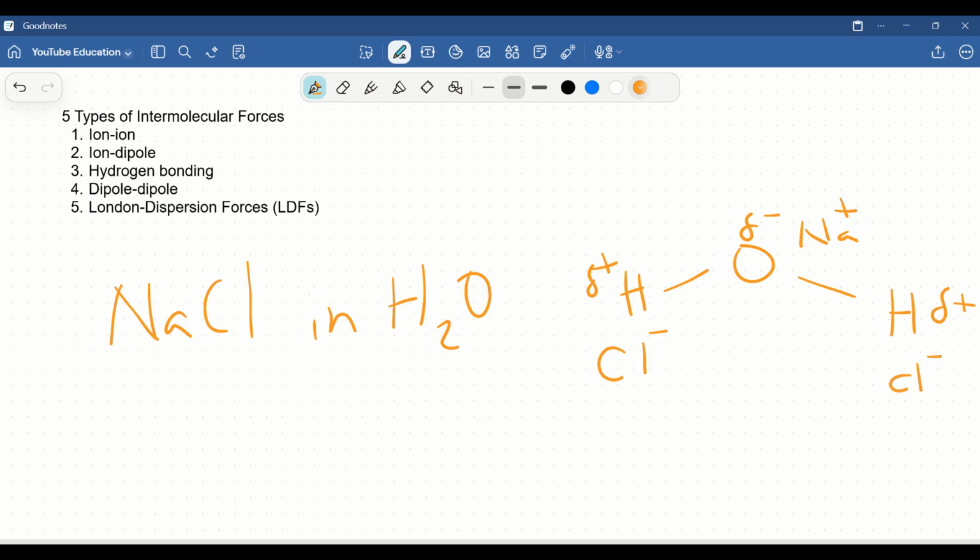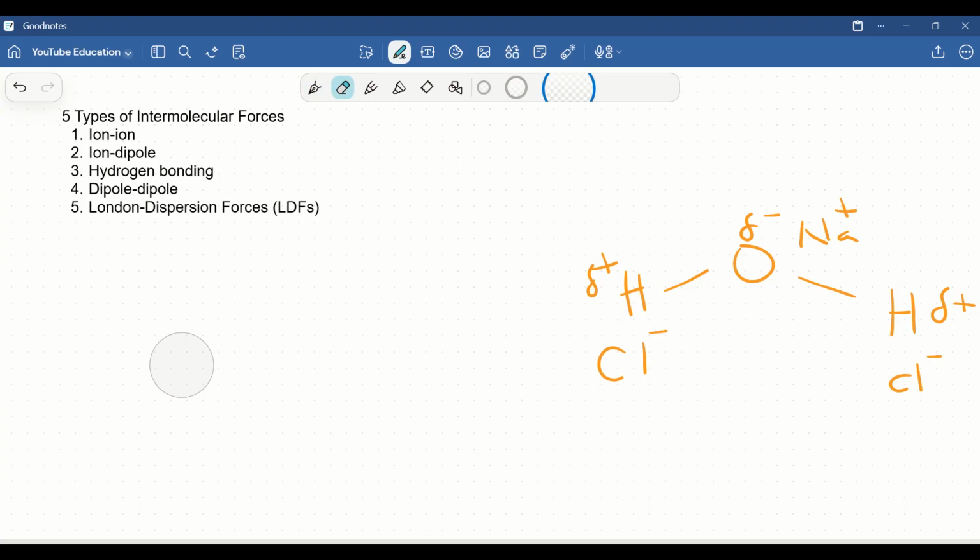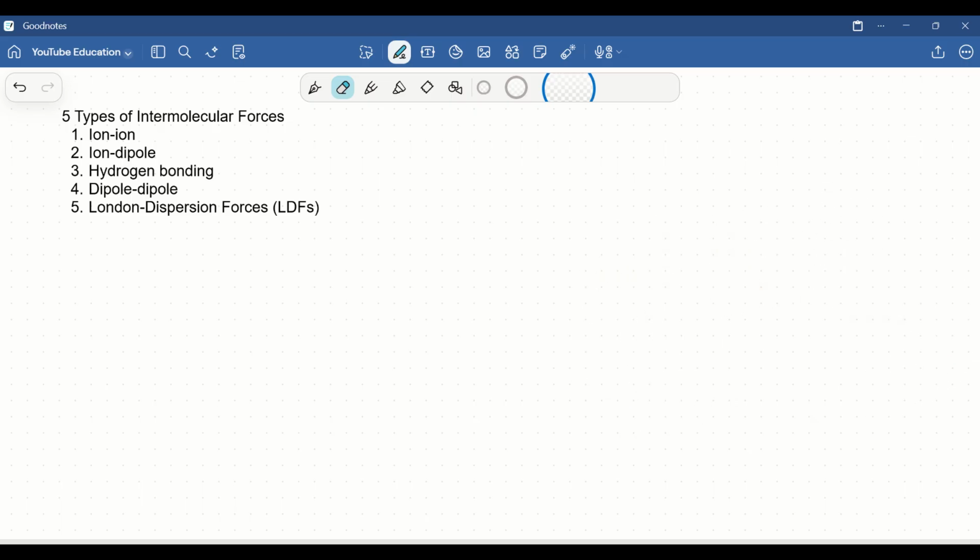You may not have known the name for this before, but this is a type of ion-dipole interaction, an intermolecular force. That was all the different types of intermolecular forces, and we've defined what they are as opposed to chemical bonds. As we go up here, we get stronger intermolecular forces.